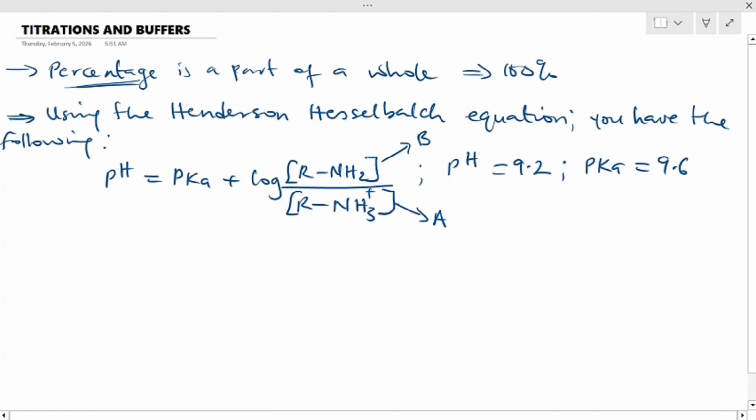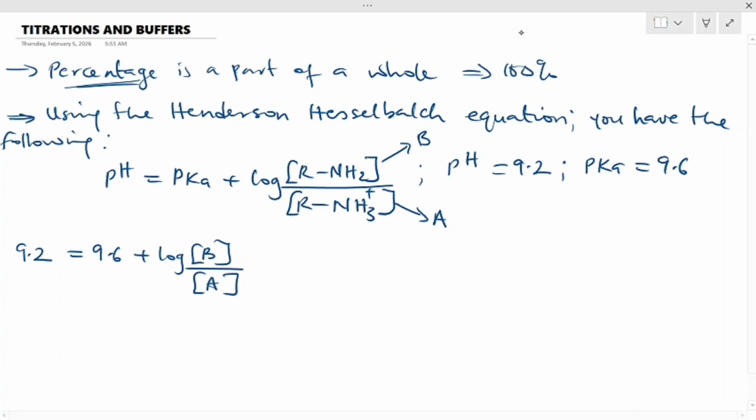If we slot all of that in, we have 9.2 is equal to 9.6 plus log concentration B over concentration A. So this ratio, concentration B over A, we are solving for it as a ratio, because we are looking for the percentage.